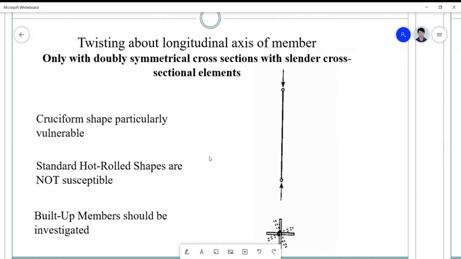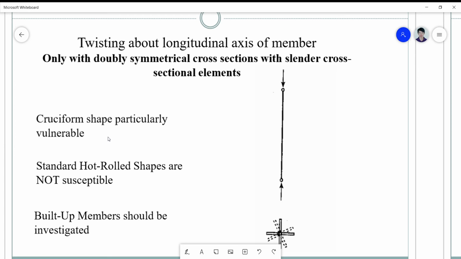So the twisting about the longitudinal axis of the member is more common only with doubly symmetrical cross sections with slender cross-sectional elements, and the cruciform shape in particular is very much vulnerable.